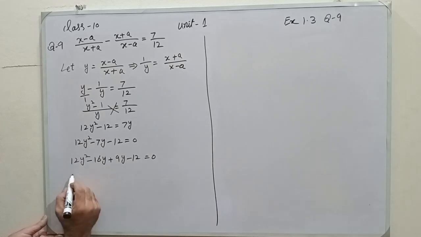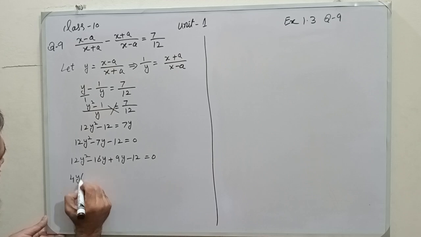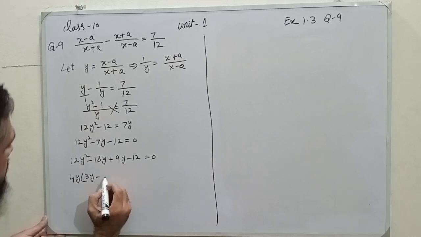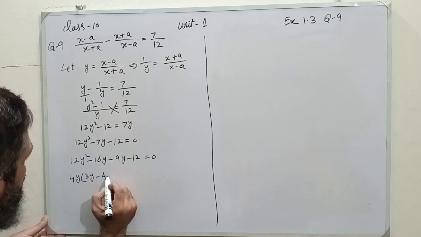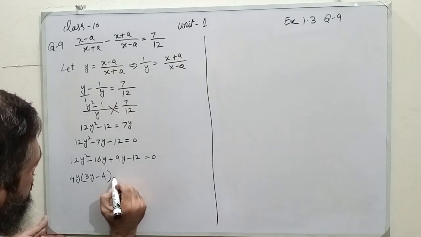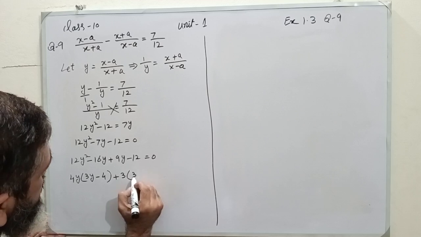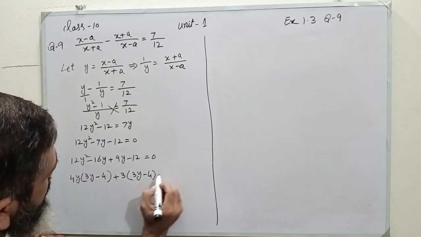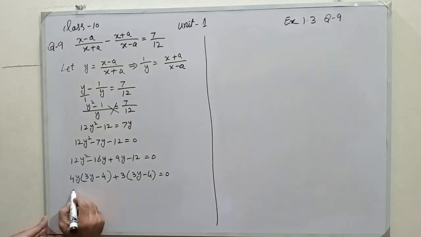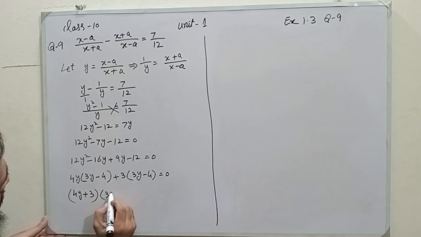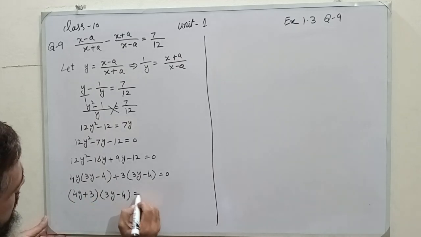So here 4y (3y minus 4) plus 3 (3y minus 4) is equal to 0. So (4y plus 3) into (3y minus 4) is equal to 0.